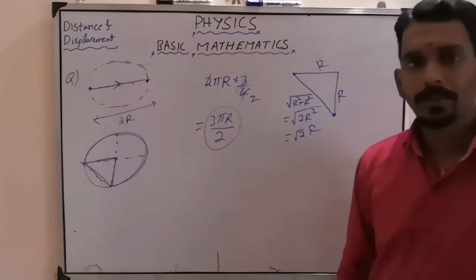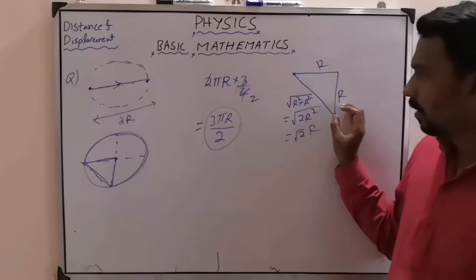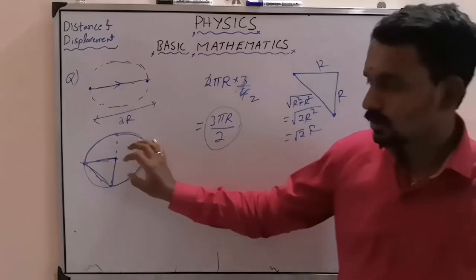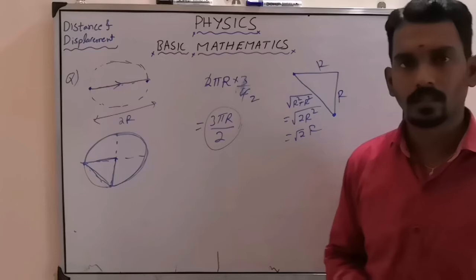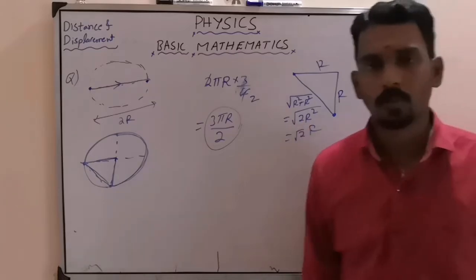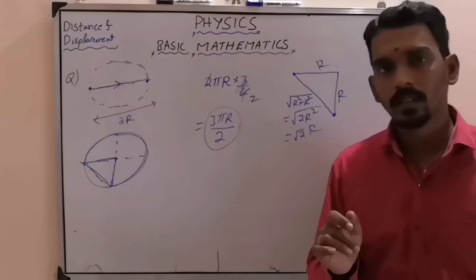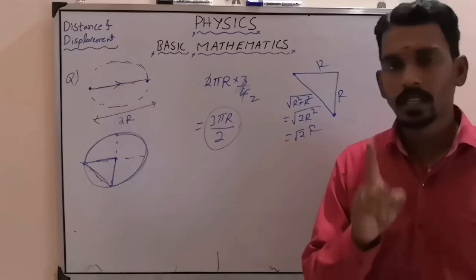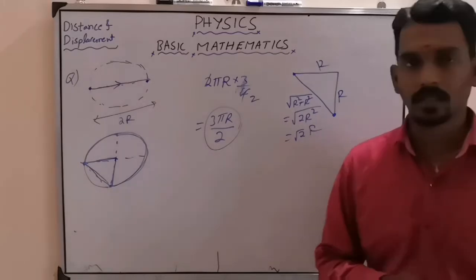So this way you have to understand the question, you have to draw the diagram, you have to take the help of mathematics. Everything is important. The question becomes difficult not because of the distance and displacement definitions, not because of the physics concept.